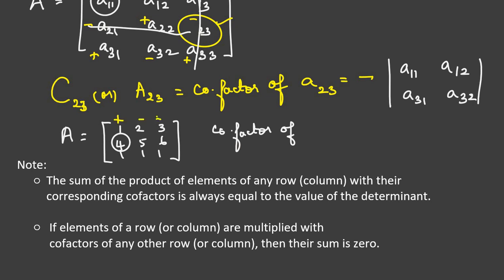Plus, minus, plus, minus, plus, minus, plus, minus, plus. So this element takes the negative sign. The cofactor of 4 will be equal to minus of, deleting the corresponding row and column, the remaining elements 2, 3, 1, 1, which is equal to 2 minus 3, equal to minus 1. So we get the cofactor.